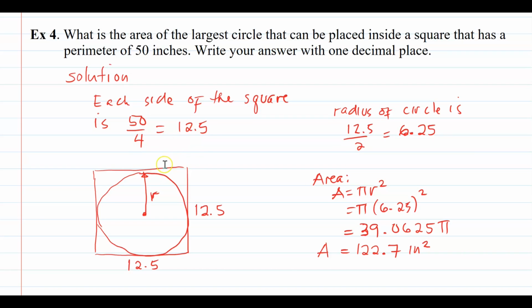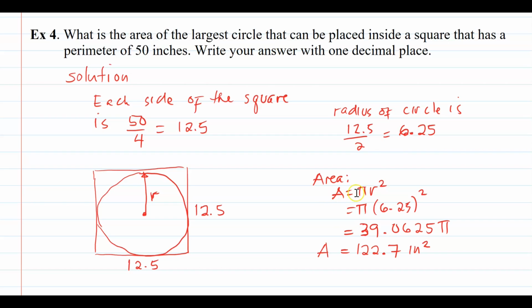So that 12.5 is the side of this square, and the side is equal to the diameter of the circle. So the diameter of the circle is also 12.5, and that means that the radius of the circle is half of the diameter. So 12.5 divided by 2 is equal to 6.25. This is the radius of the circle. So now we can calculate the area of the circle.